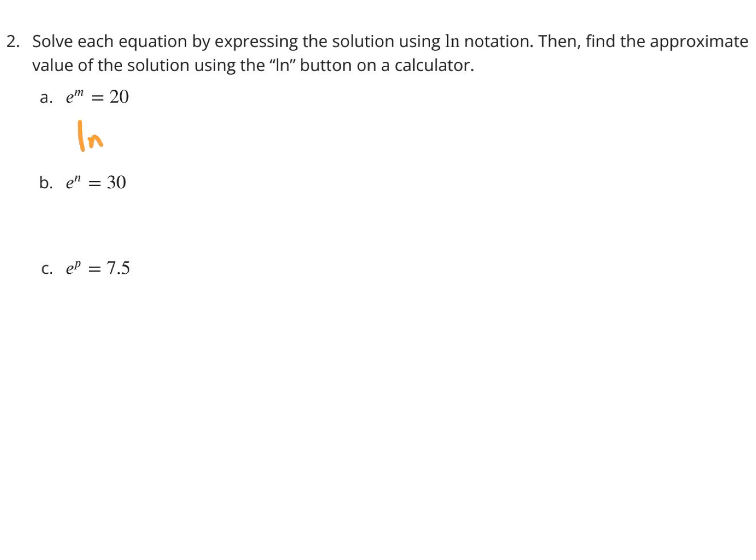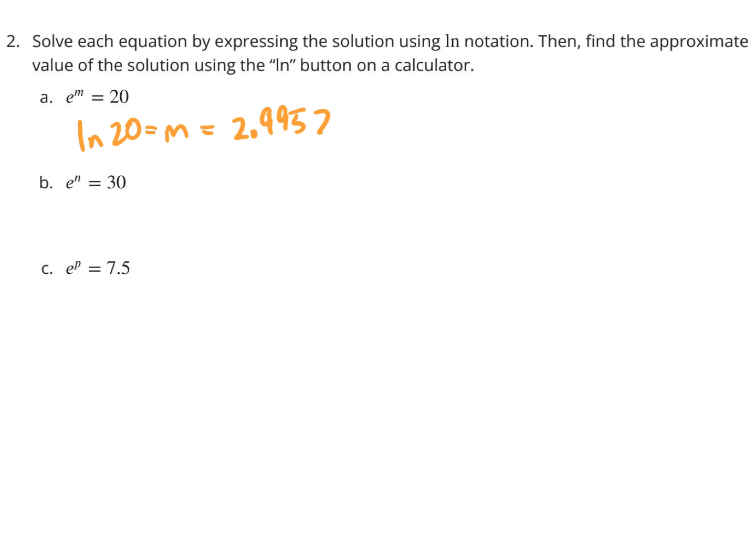So it's ln 20 equals m, which equals, you just hit ln, which is next to the 4. ln 20 equals 2.99573, which is 57.